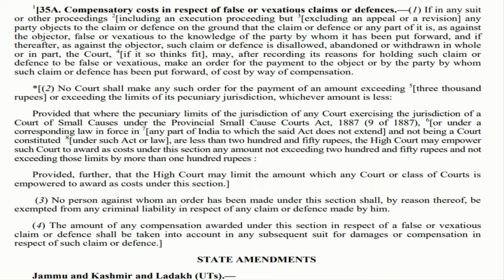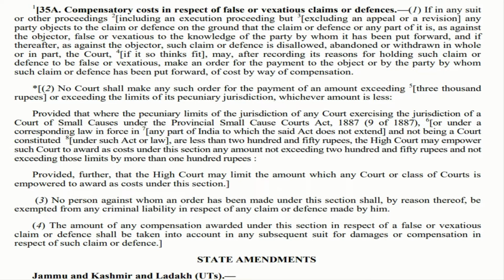On a normal reading, you may find Section 35A subclause 1 to be quite confusing. So let me put it in a very simple and easy manner. Imagine I am filing a case against you. The claim I make is false. Then you will state to the court that I am making a false claim.